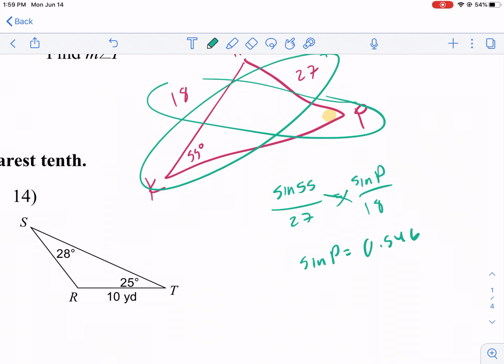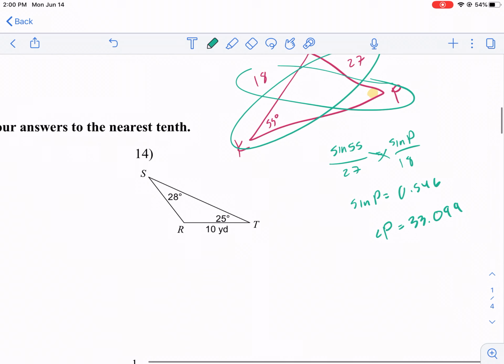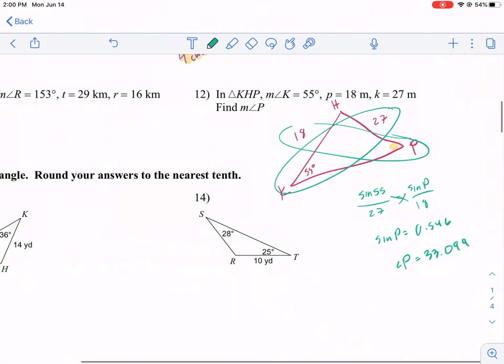Include as many digits as you can, so 0.546 and the rest of the digits. I'm using a lot of digits just to be as accurate as possible, and I get angle P equals 33.099.